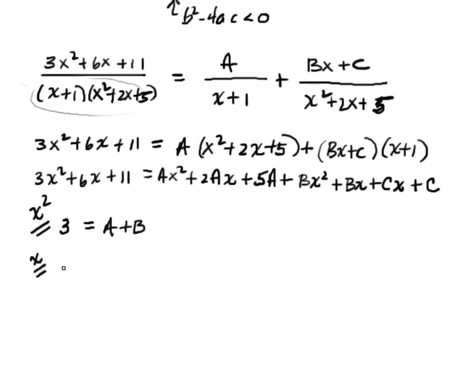So here we have a 6. 6 is equal to 2a plus b plus c. Okay, now constant. 11 is equal to 5a plus c.